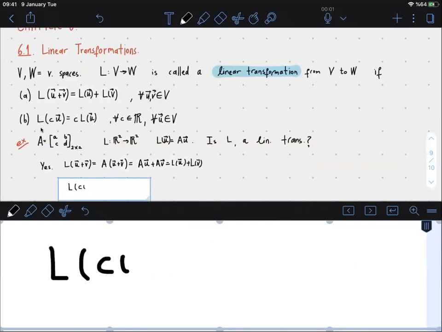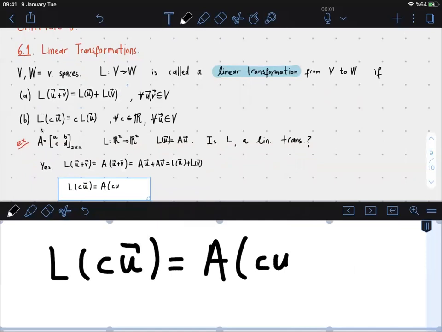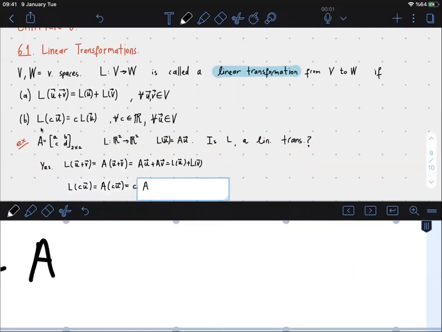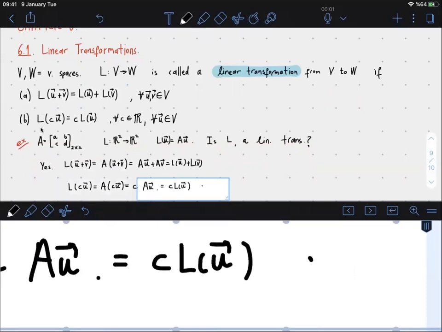And the second condition also is correct. L(CU) is what? The matrix A times the vector CU. Now I can always take the scalar C outside this matrix-vector product. So this is the same as C times LU. So the second condition also always holds.